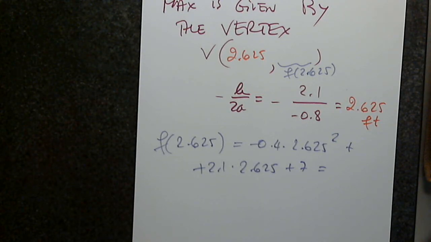While we're calculating that, can I ask you a question about that part really quick? How is negative b over 2a written? You have to copy the negative. You have b, which is 2.1, over 2 times negative 0.8.